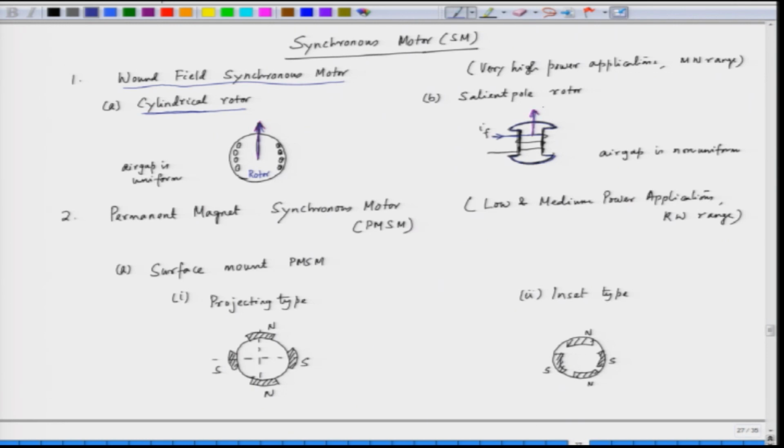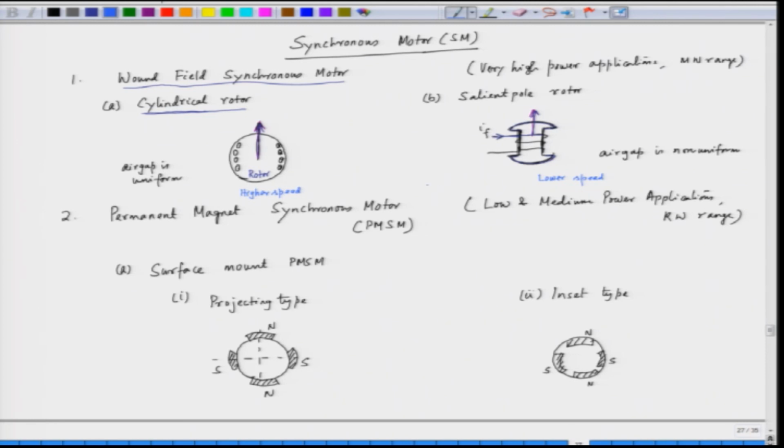So, usually cylindrical rotors are used for higher speed application, because this can stand higher centrifugal force, and salient pole rotors are used for lower speed application. When the speed is lower, we can go for salient pole structure.